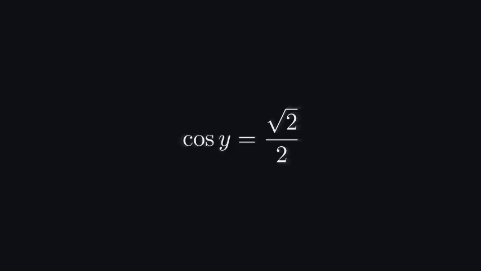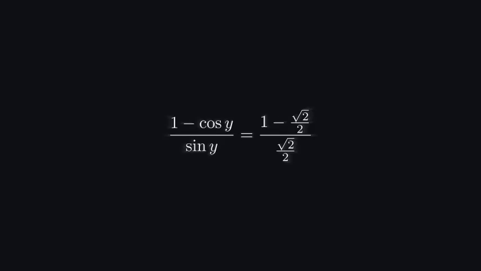Both sine of y and cosine of y are equal to the square root of 2 over 2. We replace cosine of y with the square root of 2 over 2, and we replace sine of y with the square root of 2 over 2. So 1 minus cosine of y over sine of y equals 1 minus the square root of 2 over 2, all over the square root of 2 over 2.